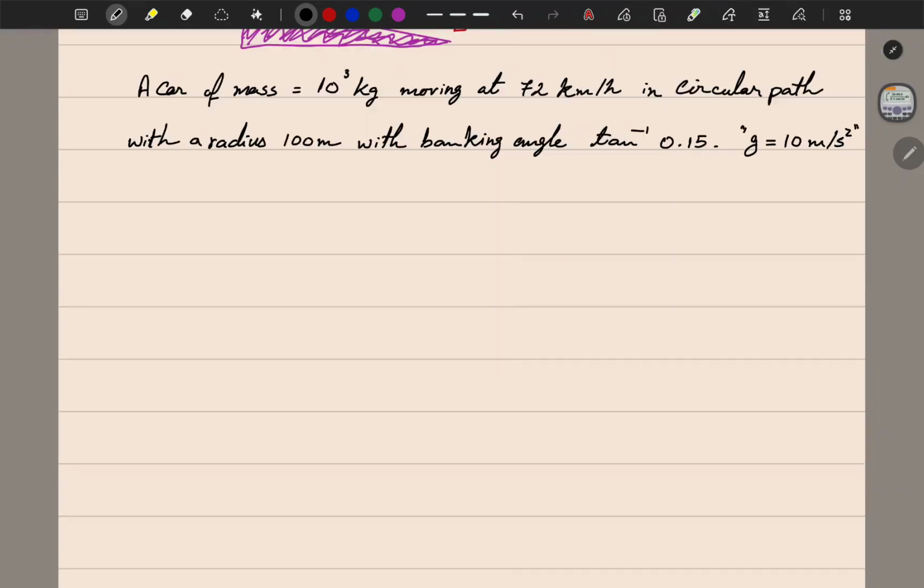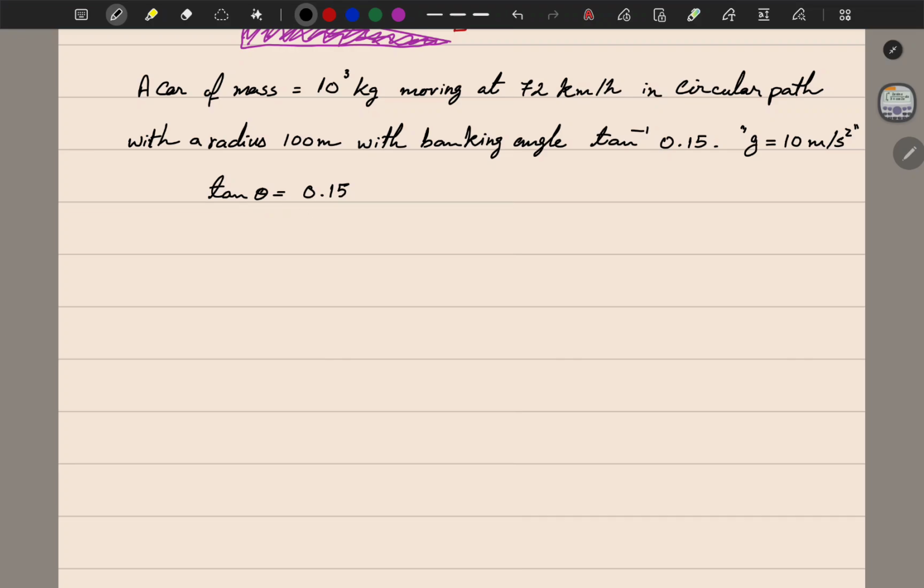Now here the banking angle, we already have tan theta equals 0.15, because we have tan inverse, so we don't have the angle itself, we have the tangent of the angle, which equals 0.15.